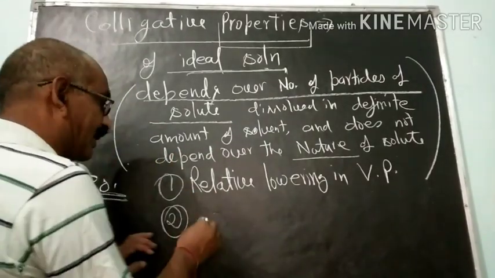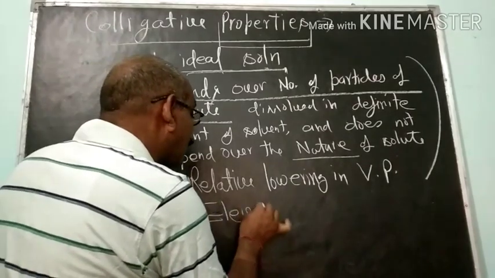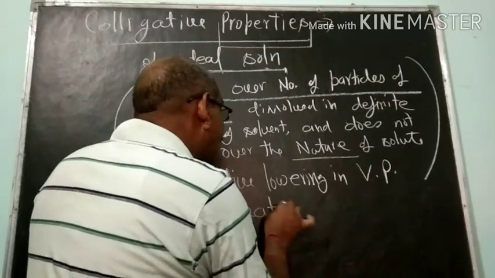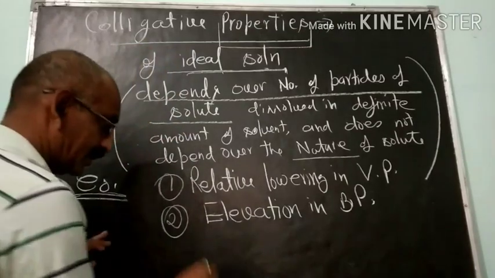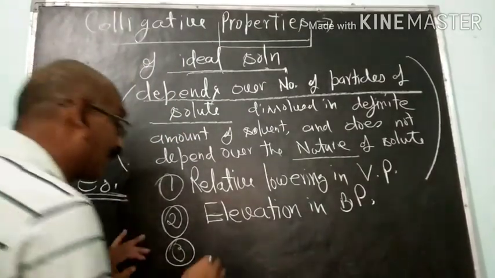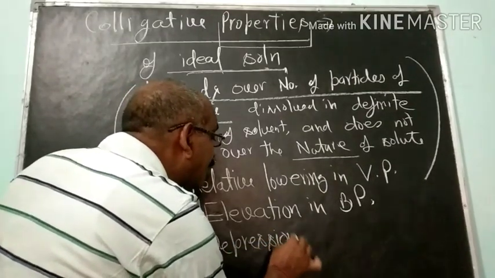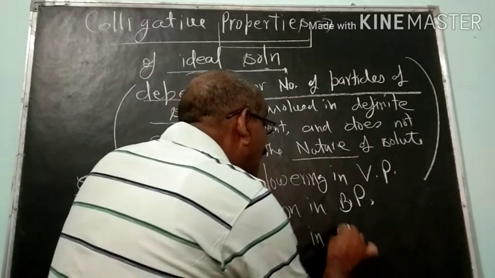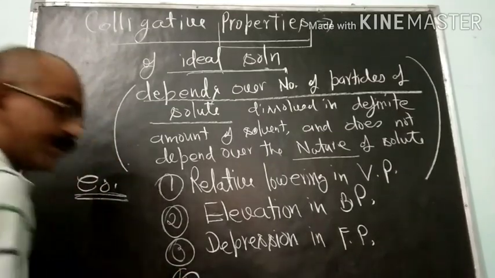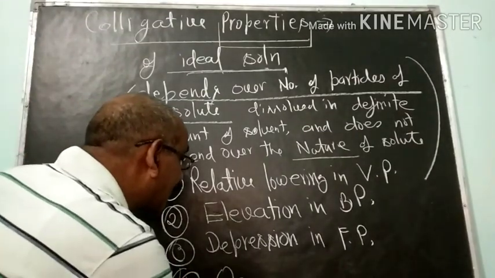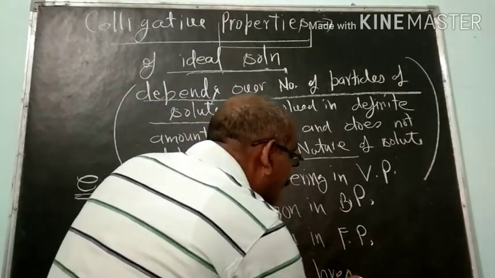Another example is elevation in boiling point. The next colligative property is depression in freezing point. Another colligative property is osmotic pressure.